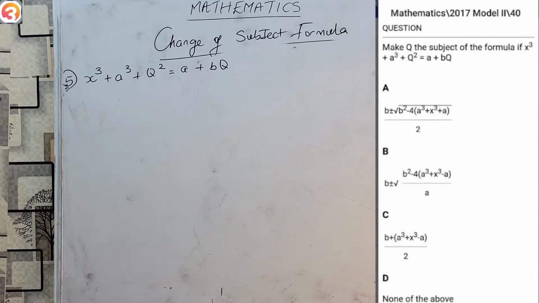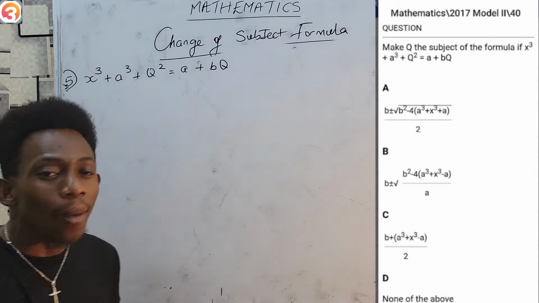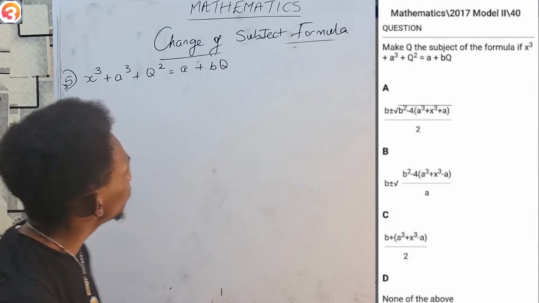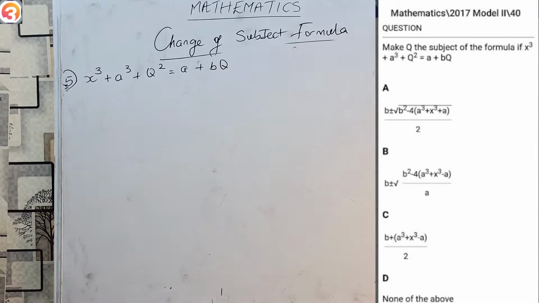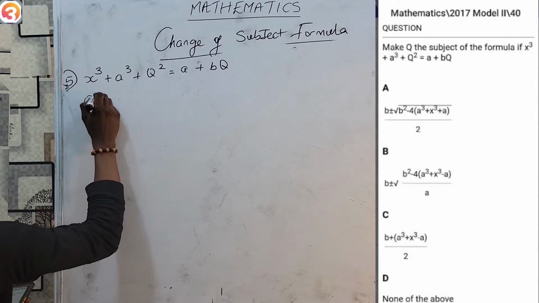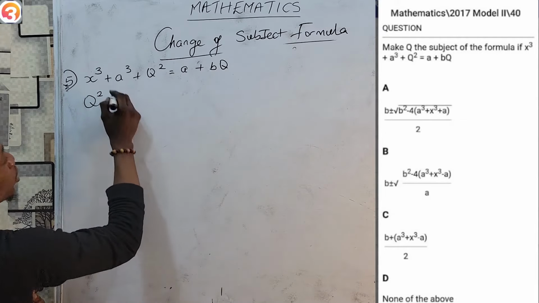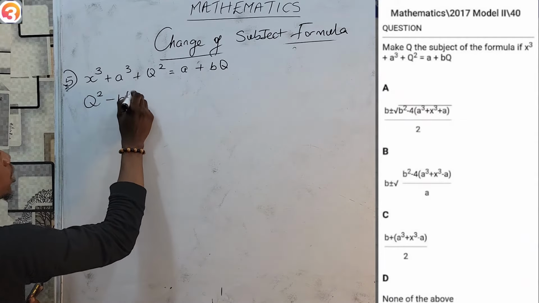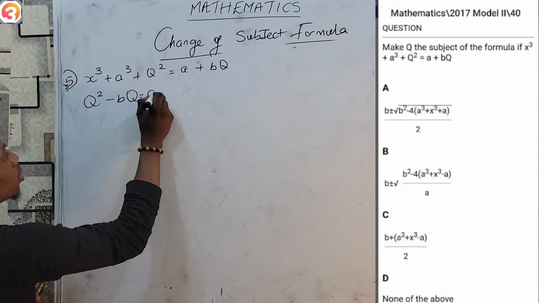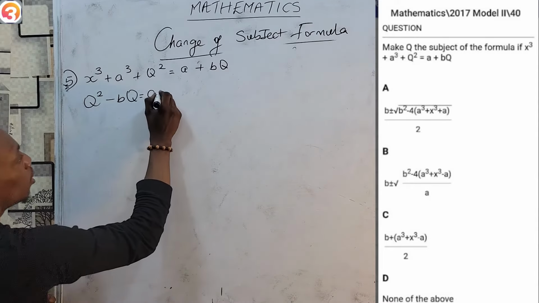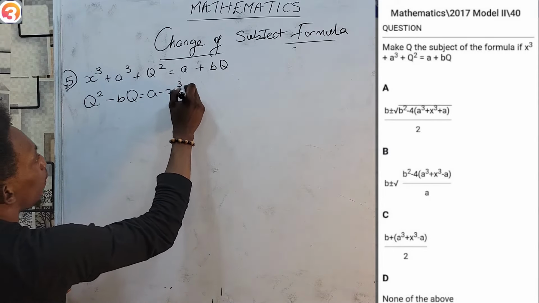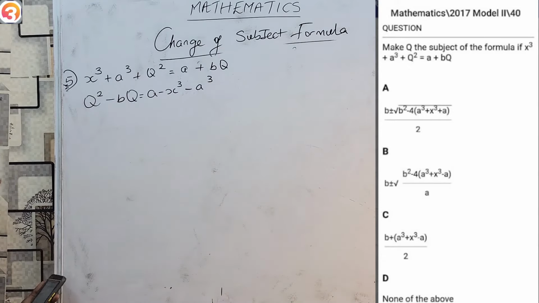Now, this is one of those very interesting questions that you look at and you're like, how can I start? Let's see what we can do. Let's bring everything with q to the left. That means I'll be having q squared plus bq comes here, minus bq equals a, take this over there, minus x cubed minus a cube.